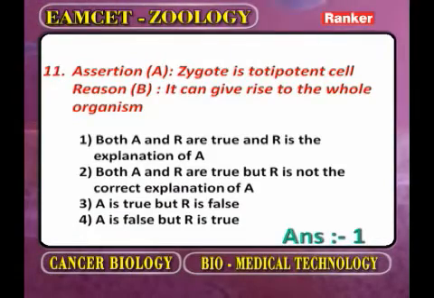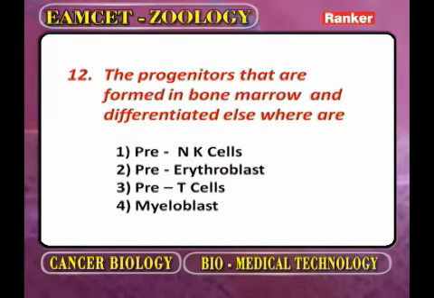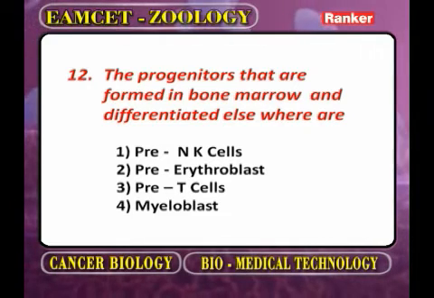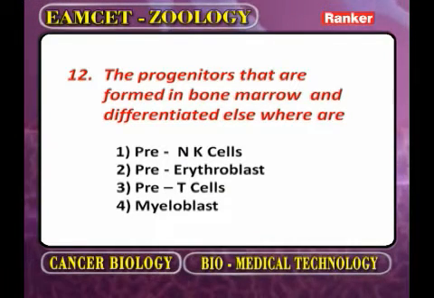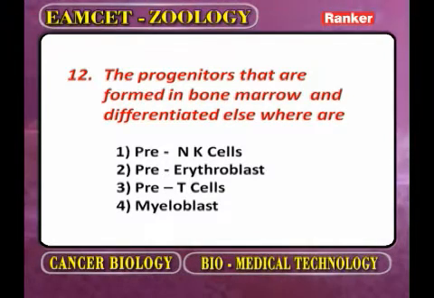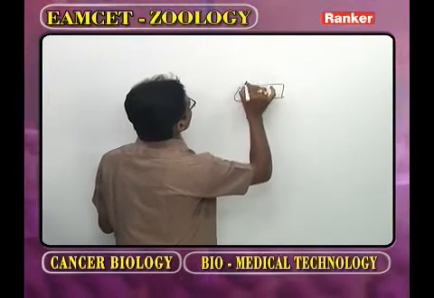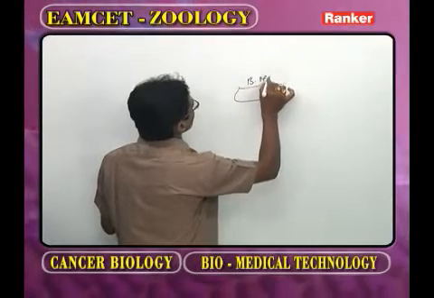Now the next one: the progenitors that are formed in bone marrow and differentiated elsewhere. As we observe the formation of functional B cell and functional T cell, in our body this part we call the bone marrow.